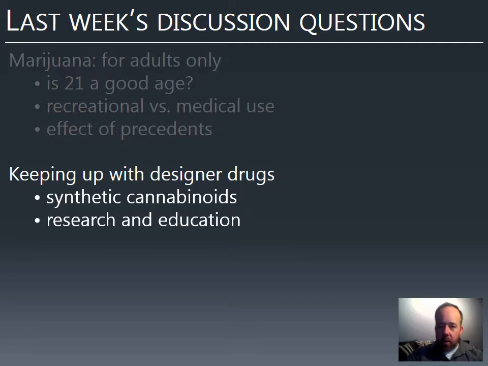And legislation is always a time-consuming process. And again, one of the trade-offs is if you make legislation that's really broad that would cover all the synthetic cannabinoids, it might cover other things as well. And so there are checks and balances against having really broad legislation, but it's always going to lag behind chemical development.